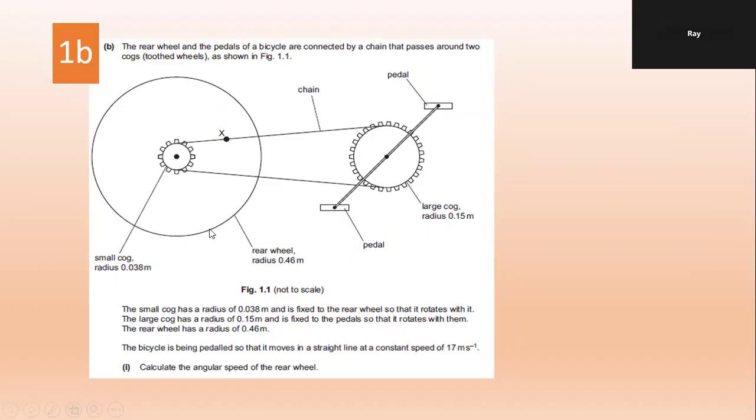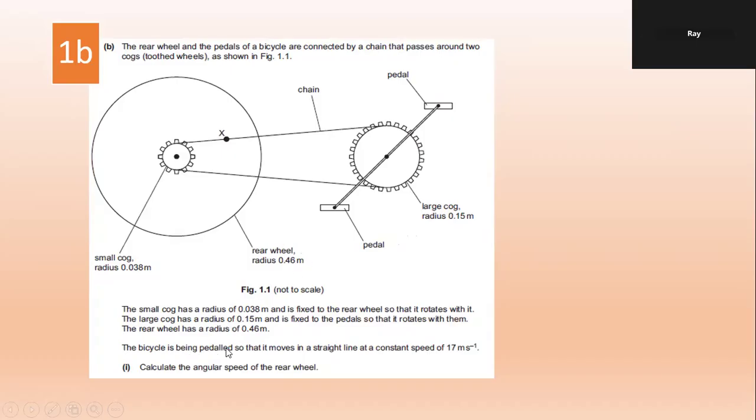This is the rear wheel, so that it rotates with it. The large clock, that's the last one, has a radius of 0.15 meter, and it's fixed to the pedals so that it rotates with them. Right? The pedal is the one moving, this one will rotate with the pedal. The rear wheel has a radius of 0.46, right? Given there.